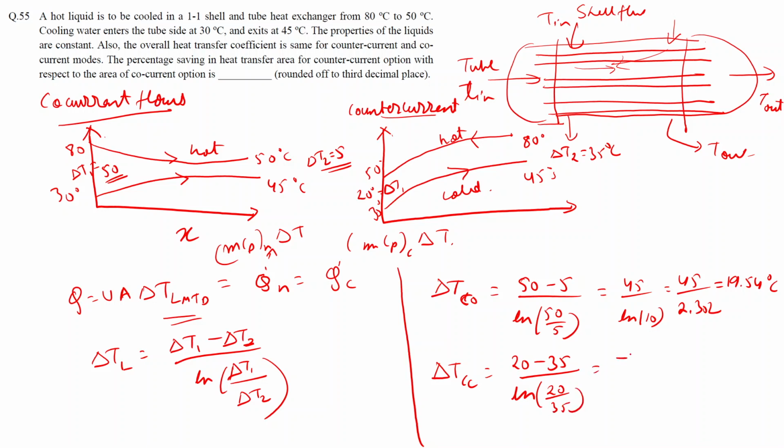So this will become minus 15 upon minus 0.5596. This will come around 26.804 degrees Celsius. So for both co-current and counter current flow, we now have the log mean temperature difference.